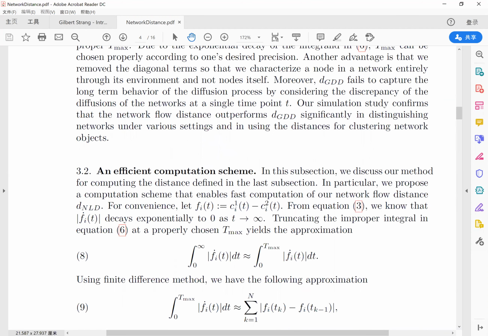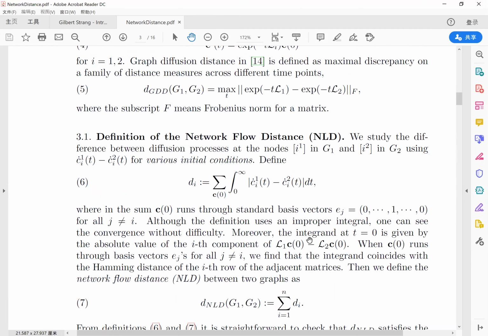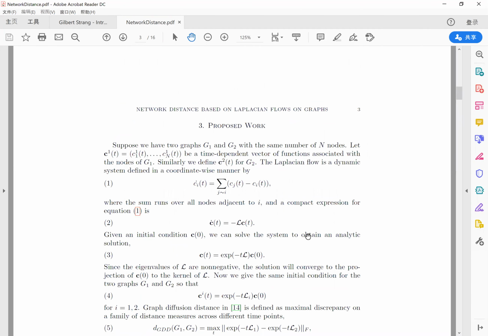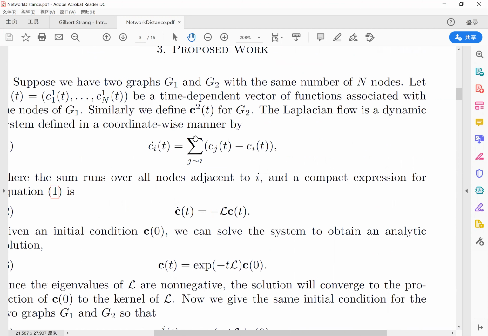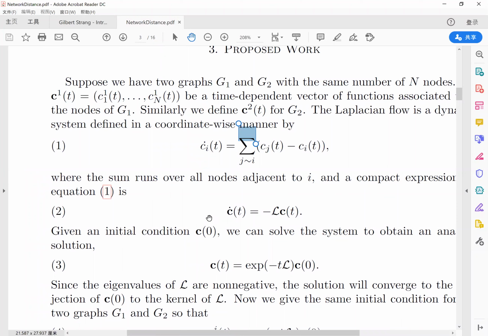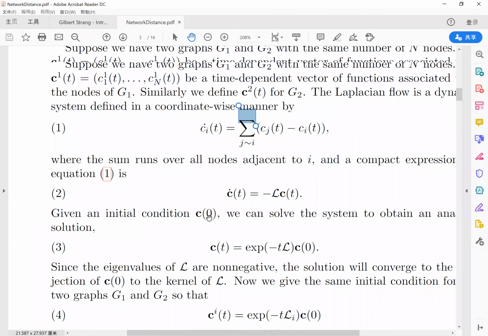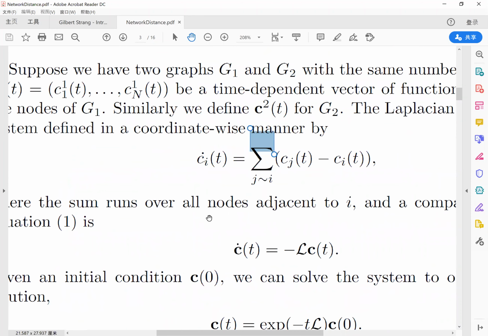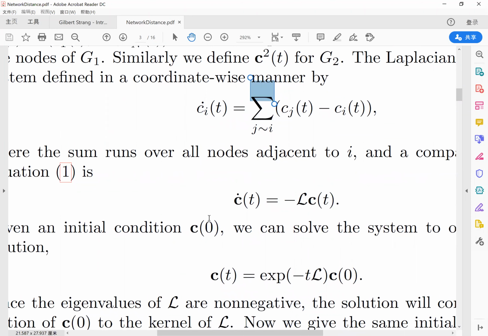You see the derivative of the thing is described by a certain equation. So we can write this as a matrix equation, and then we learn how to solve this matrix equation. This operator L is the Laplacian.